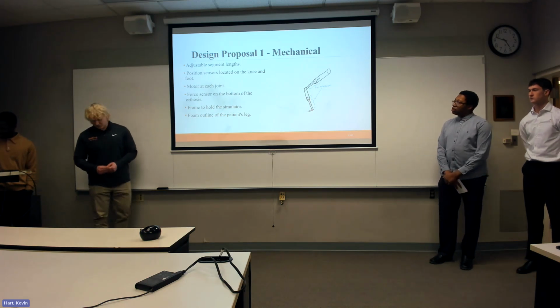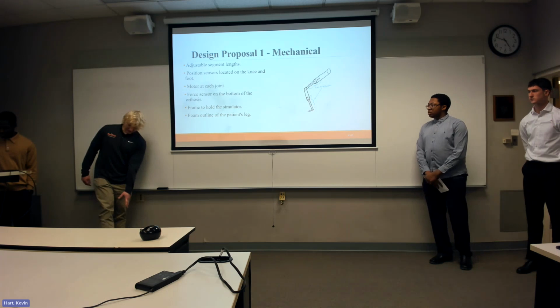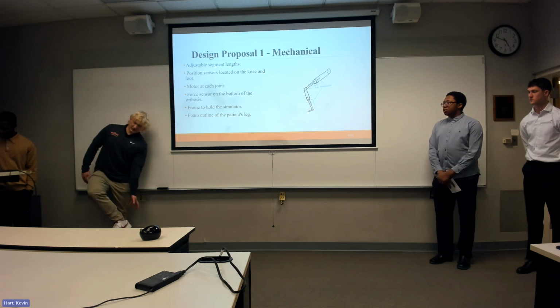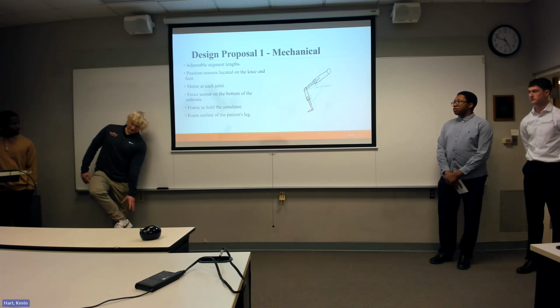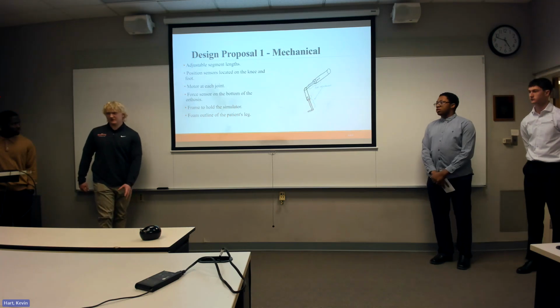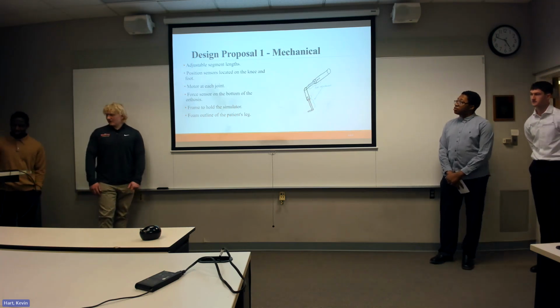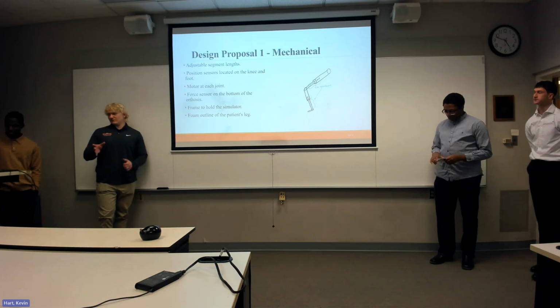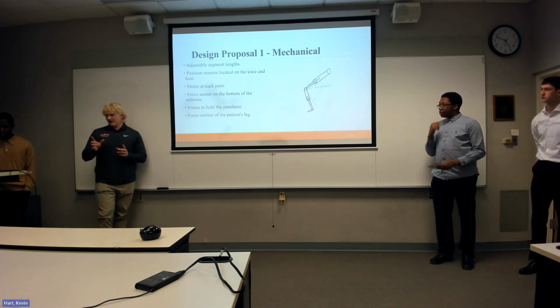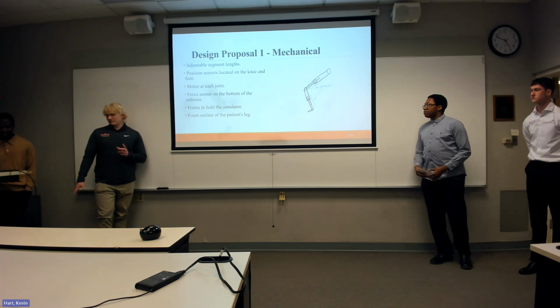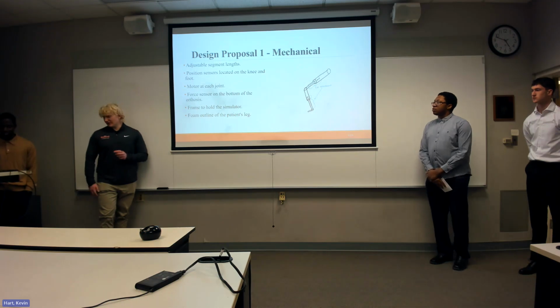There will also be force sensors at the bottom of the orthosis. The orthosis would go on the actual foot, and the force sensors would detect the ground contact force. There'd also be a frame to hold the entire thing, as well as a bone outline of the patient's leg.